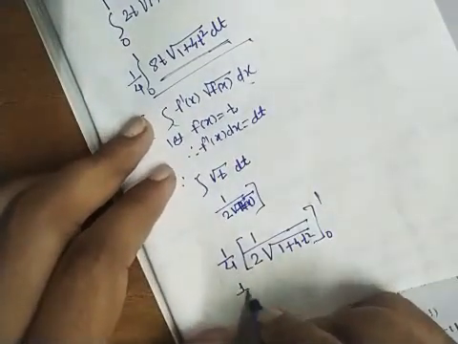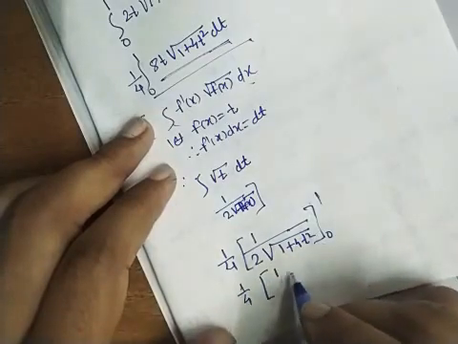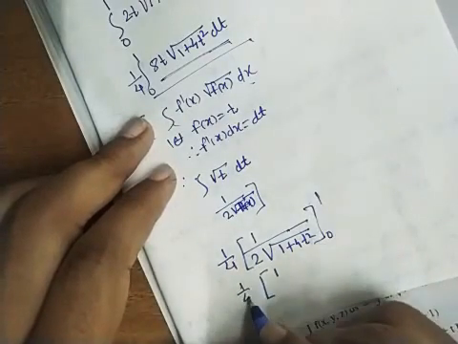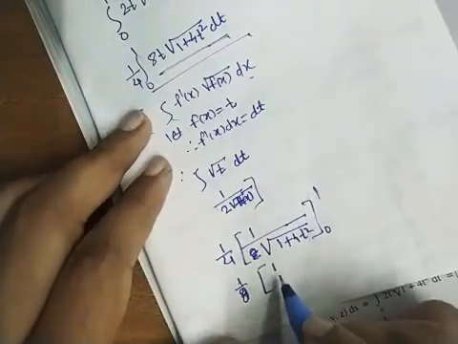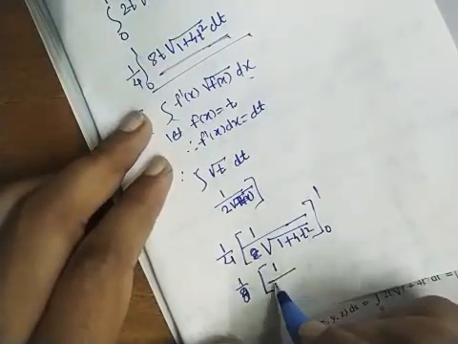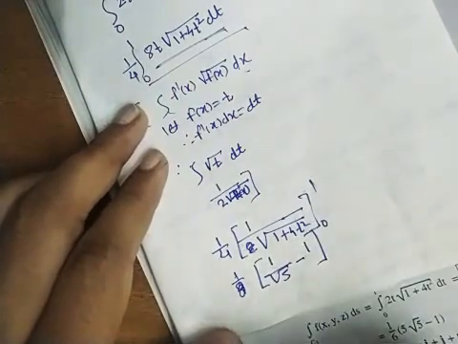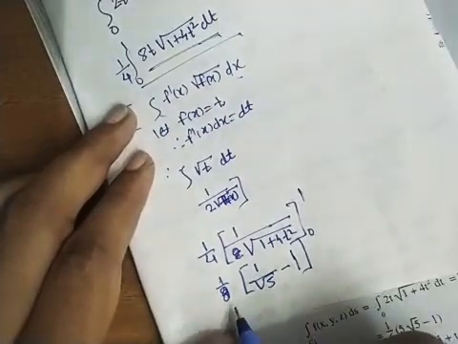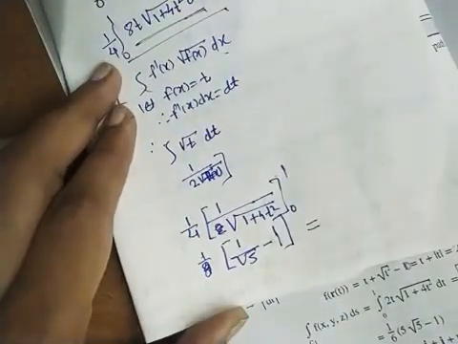That is 1 upon 4. Here we can take this outside, so 1 upon 8, and applying the limit here, what do we get? 1 upon square root of 5 minus 1. Okay, so what do we get? 1 upon 8.